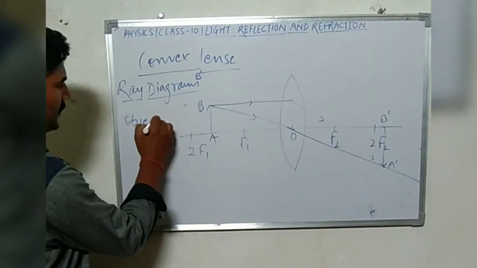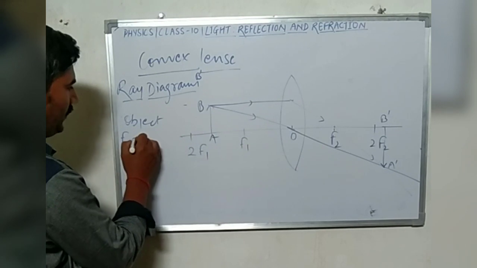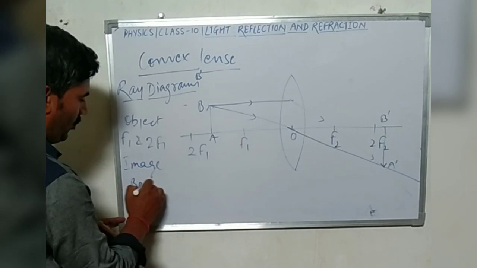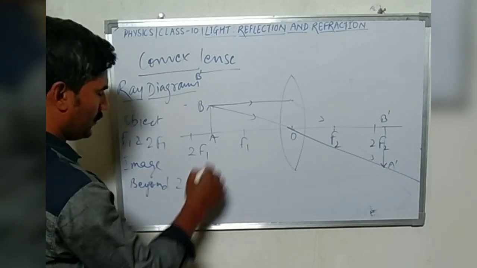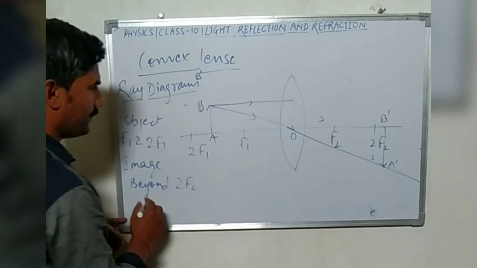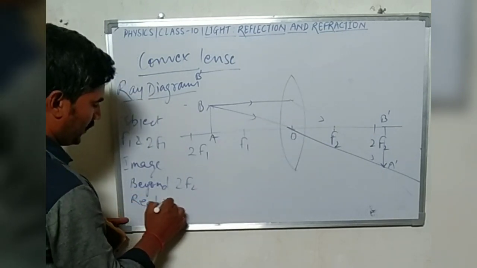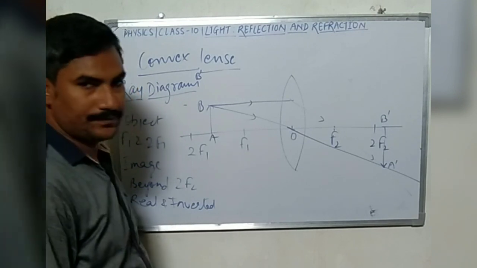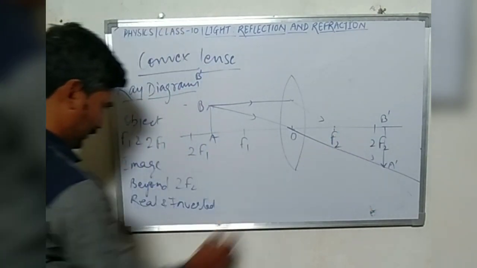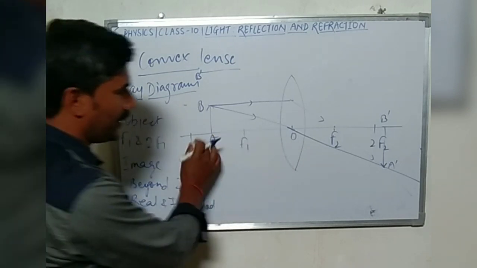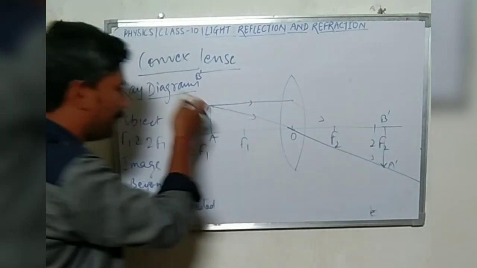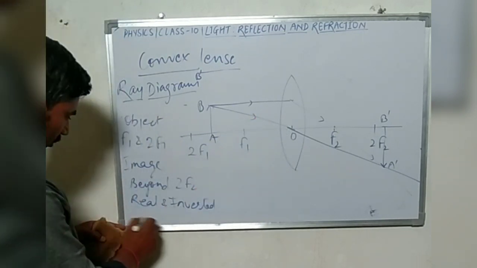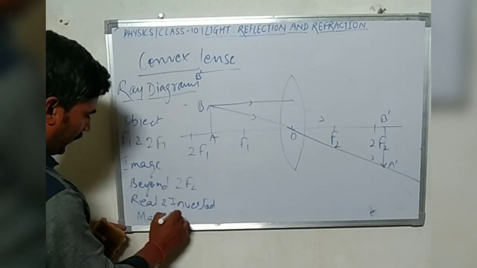So the position of the object is between F1 and 2F1, and the image is formed beyond 2F2. The nature of the image is real and inverted because the rays are actually meeting, and it lies on the other side of the principal axis. The size of the image is magnified compared to the object. The height of the image is greater than the height of the object, so the image formed is magnified.